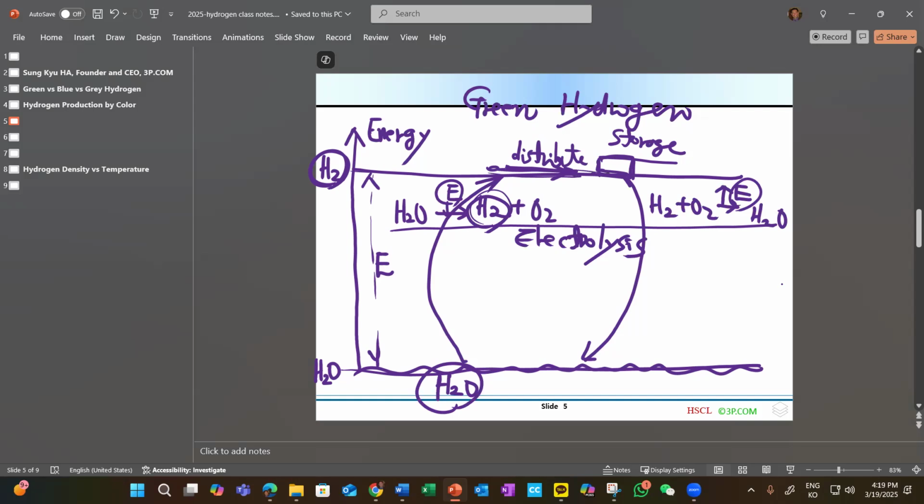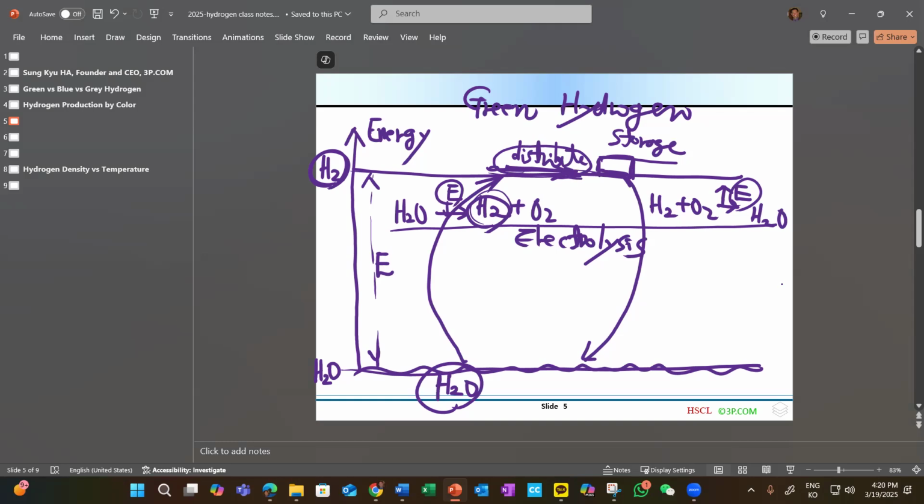So this can be very convenient in terms of distribution and in terms of storage. Not like direct electricity. Direct electricity is very difficult. It cannot store electricity itself, but hydrogen can be stored and can be stationary as long as we want, and then we can get the energy out.